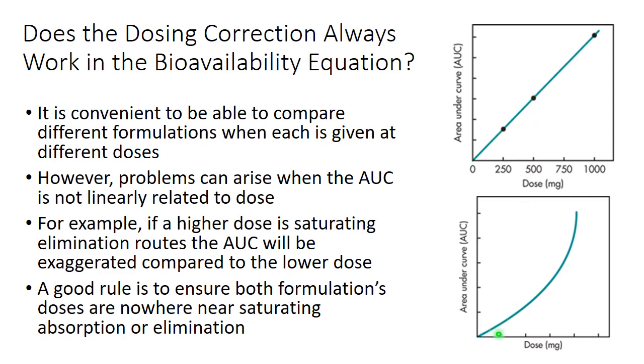What if, as you get higher and higher in the dose, the AUC rises more rapidly? So that's not linear. And why would that happen? It's actually pretty rare, but it can happen in the case that, as you get higher and higher, some new mechanism is utilized, a transporter is upregulated, right?